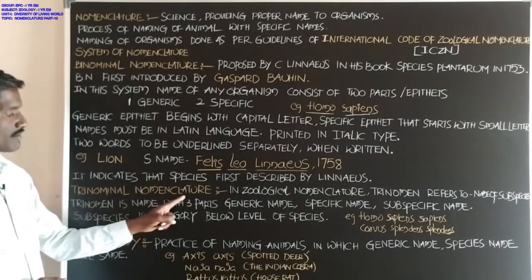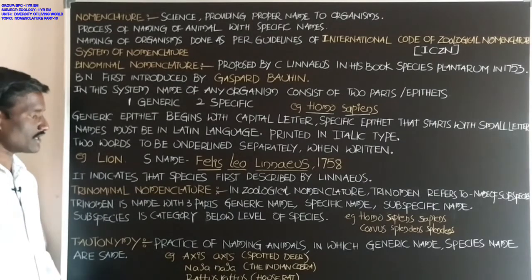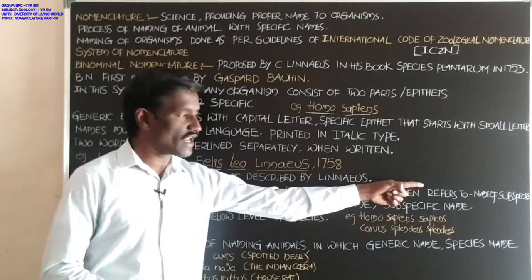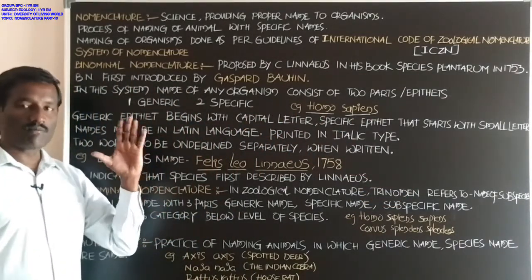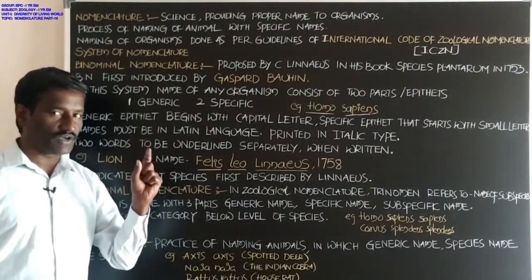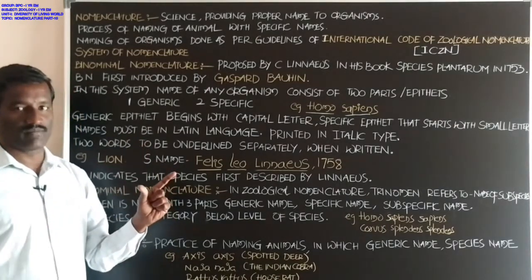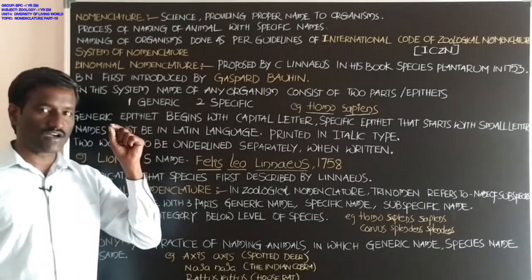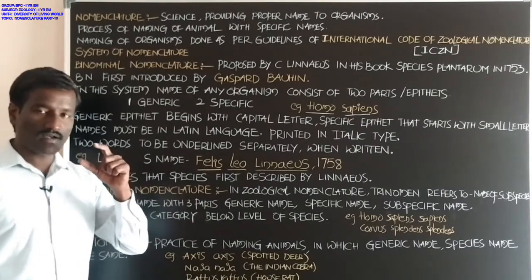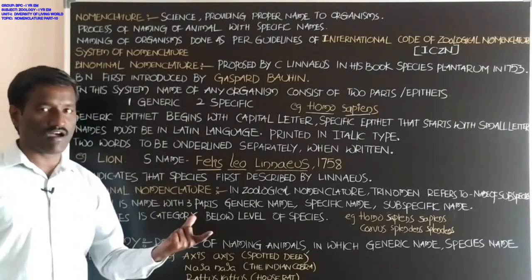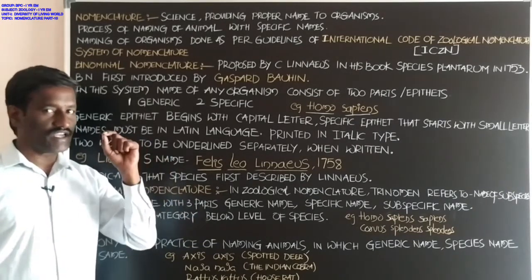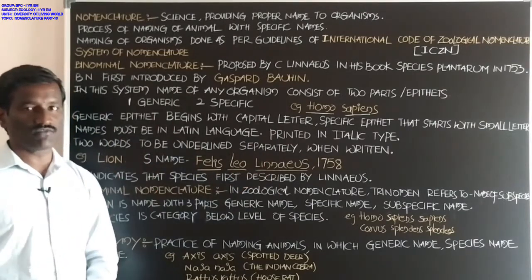Next, trinomial nomenclature. In zoological nomenclature, trinomial refers to the name of a subspecies. In binomial nomenclature there are two words, the generic name and the specific name. In trinomial nomenclature there are three words, three epithets, given to the scientific name of the animal.